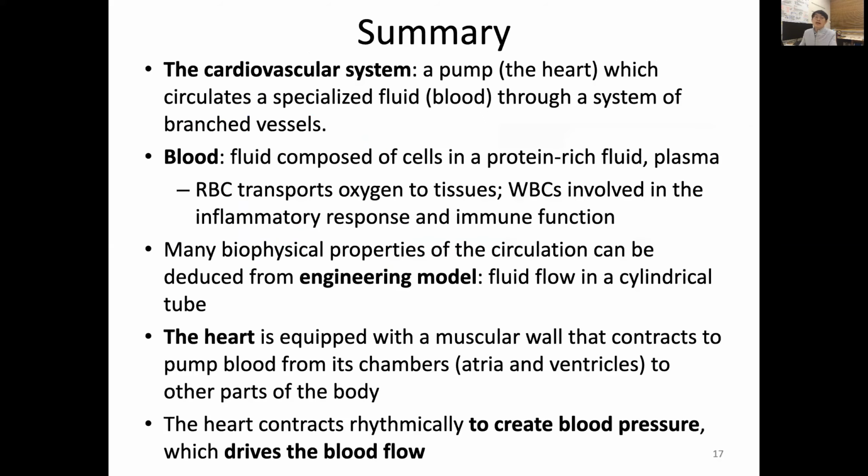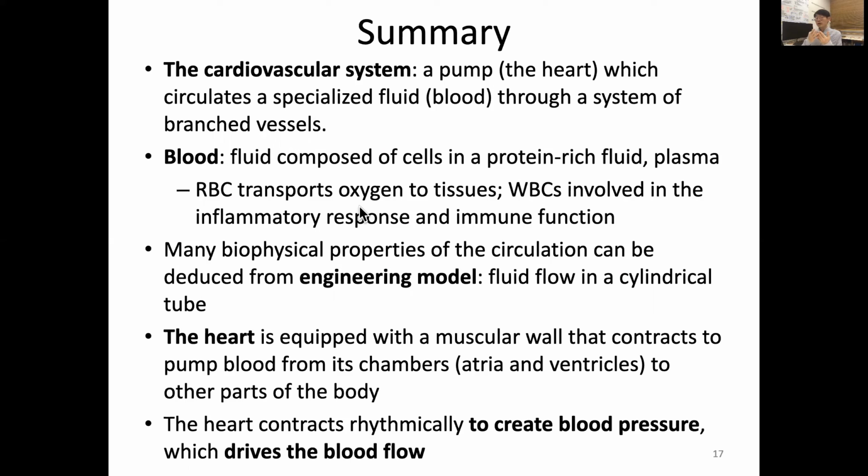So let's summarize. The cardiovascular system is a pump, which is the heart, which circulates a specialized fluid, which is blood, through a system of branched vessels. And the blood is a fluid composed of cells in a protein-rich fluid called plasma. The cells include mostly RBC, red blood cells, about 40%, which transport oxygen to the tissue.